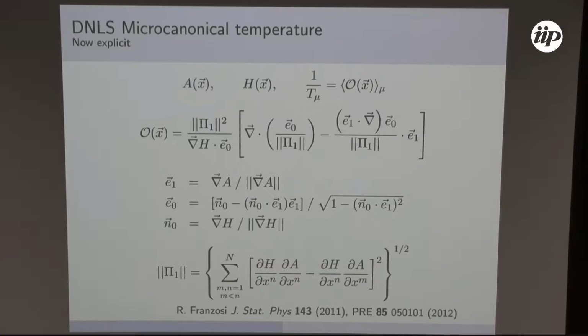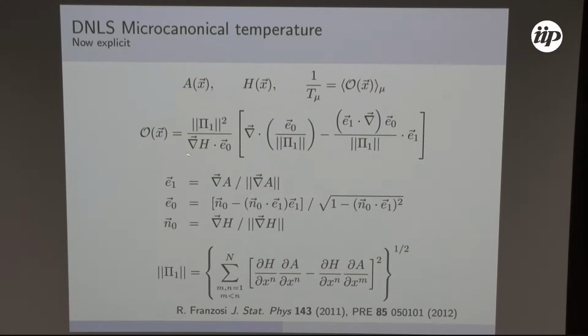But this also allows me to answer Eli Barkai's question about the inversion of energy. The question was, what happens if I change the sign of H? Where do I see that the temperature changes sign? Let us look at this expression. Here you have a quantity that is basically a norm of something, so this is always positive, and we do not care about it. I am looking for odd quantities in the energy.